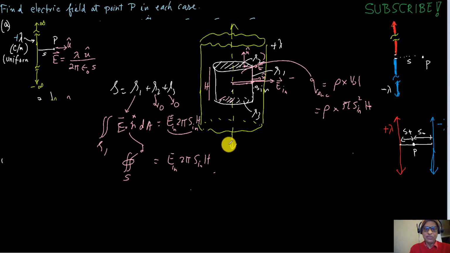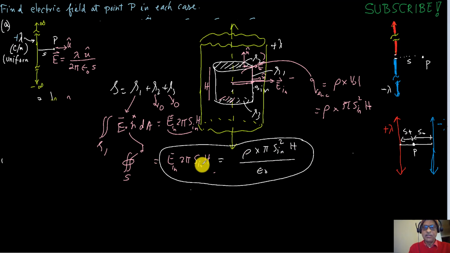So equating the integral to this, rho times pi s in squared h over epsilon naught, this is from Gauss's law. You can see the h cancels out, one of the s in cancels out, and the pi cancels out.